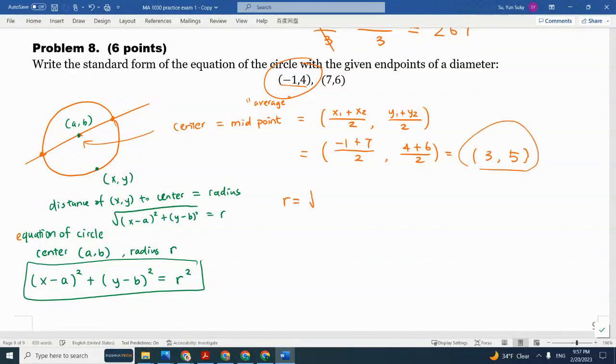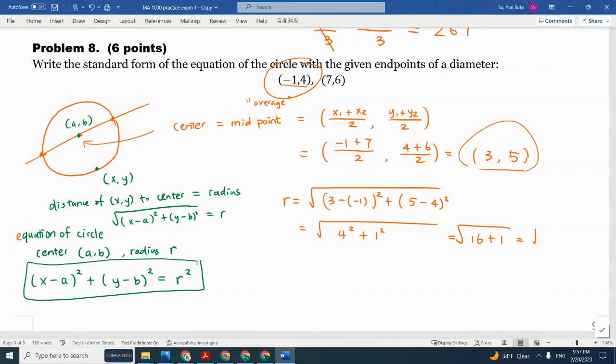That means the radius is the square root of the difference of the x coordinates, 3 minus −1, squared, plus the difference of the y coordinates, 5 minus 4, squared. 3 minus −1 is 4, squared is 16. 5 minus 4 is 1, squared is 1. So the answer is the square root of 17.